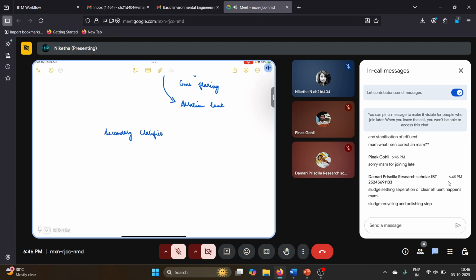But after coagulation and flocculation, we will go for aeration, and from there we go for the secondary clarifier. Is that clear? Okay.